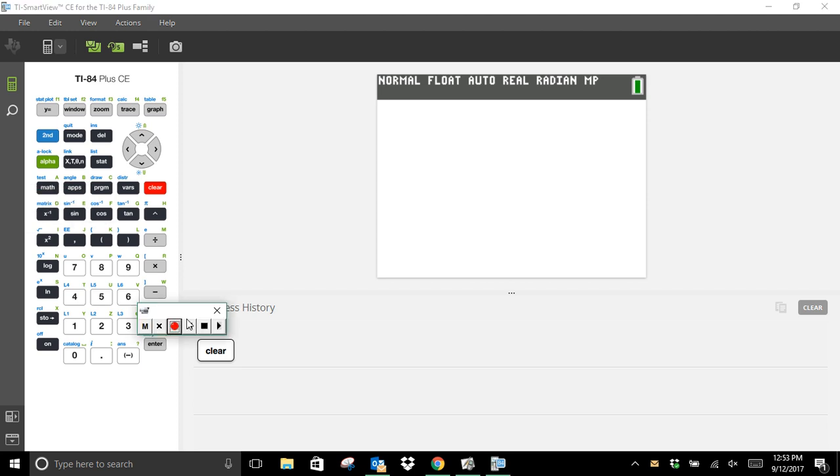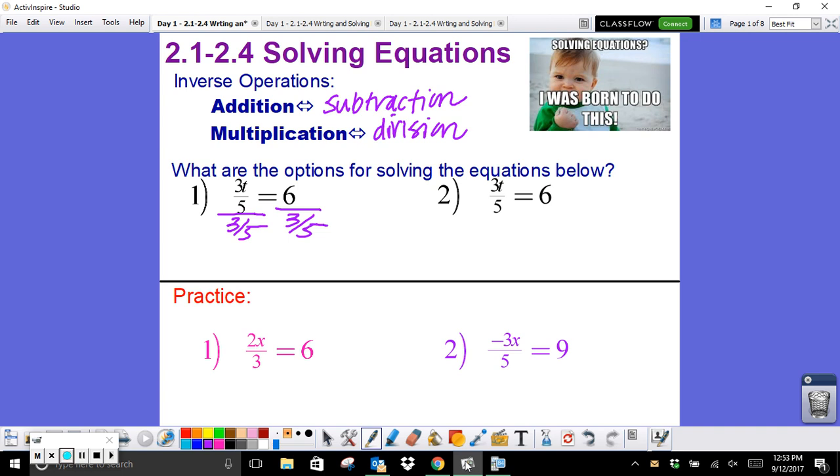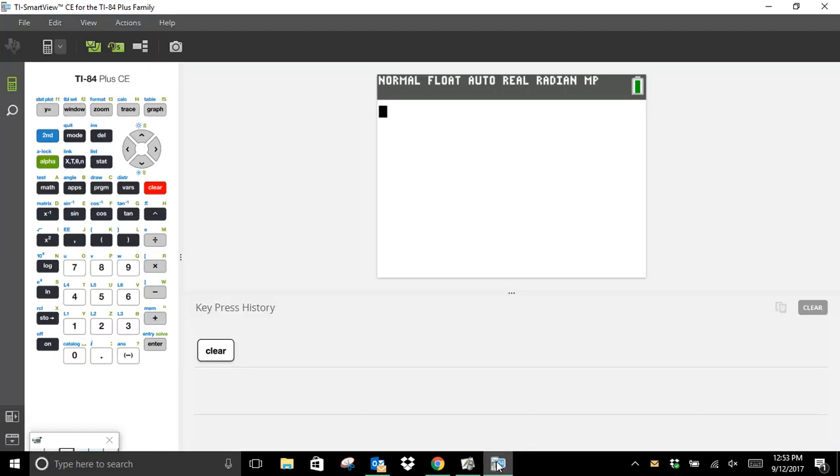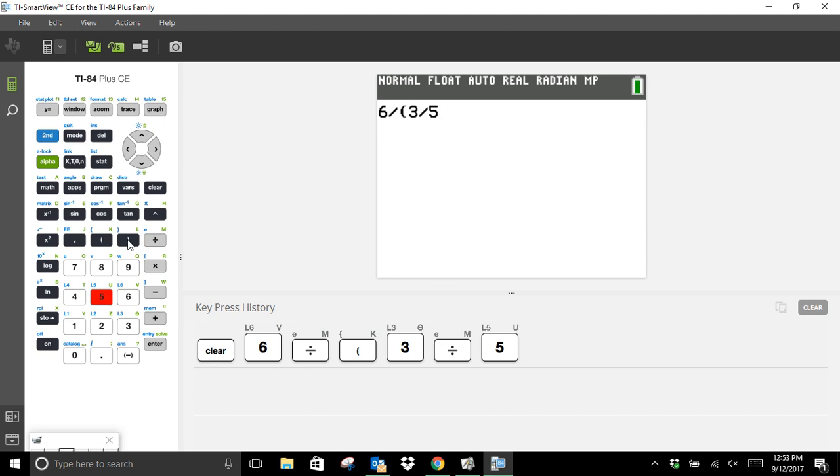Okay, so here's my calculator. All right, so I'm going to type in, the way I read it is 6 divided by 3/5. So I have 6 divided by. Now when you put a fraction in the calculator, it has got to go in parentheses. So I'm going to do my parentheses and then 3 divided by 5. Is that right? 3 divided by 5?